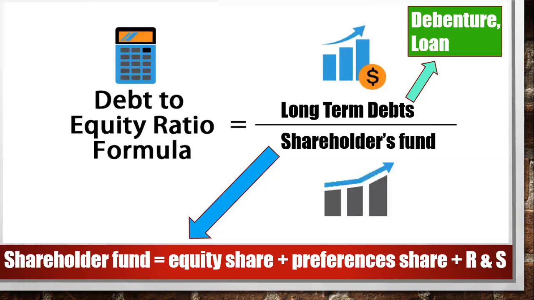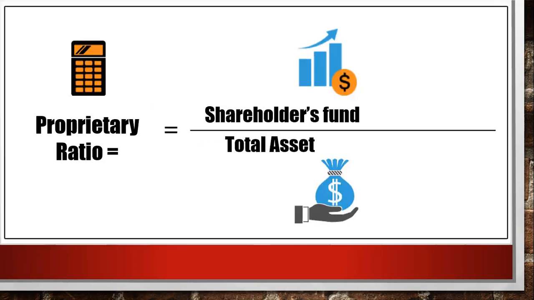So we have seen three formulas of the solvency ratio. First is the debt to equity ratio, that is outsiders' contribution upon owners' contribution, that is long term debt upon shareholders' fund. Second, the proprietary ratio, that is owners' fund upon total asset, that is shareholders' fund upon total asset.